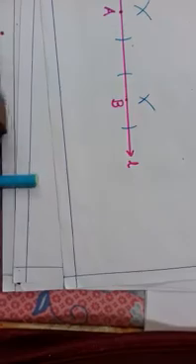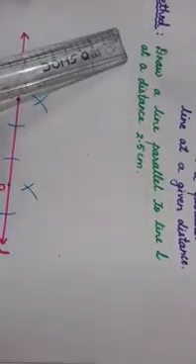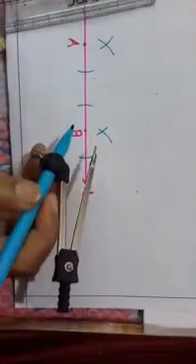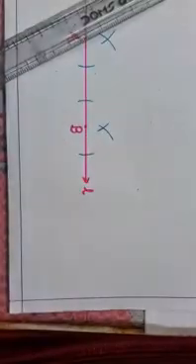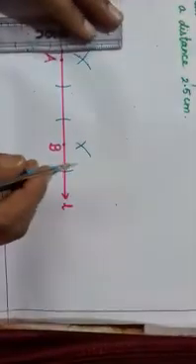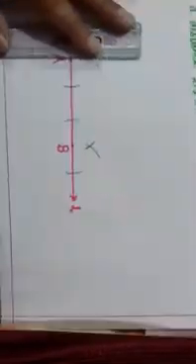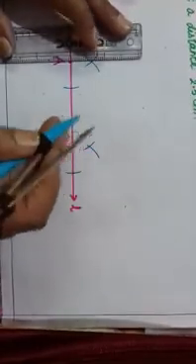And now we have to take 2.5 centimeters as the distance. See in the question, draw a line parallel to line L at a distance of 2.5 centimeters. So take a ruler and take 2.5 centimeter distance from this point.